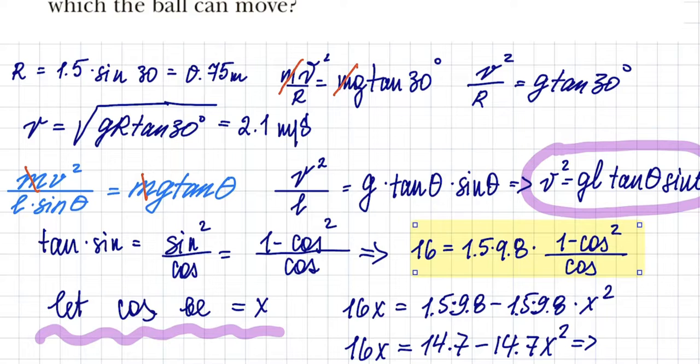Then we have 14.7, which is the product of 1.5 times 9.8, minus 14.7 x squared. This right here is 14.7, this right here is 14.7. The first one is not multiplied by anything, and the second one is multiplied by x squared. So 16x equals 14.7 minus 14.7x squared.